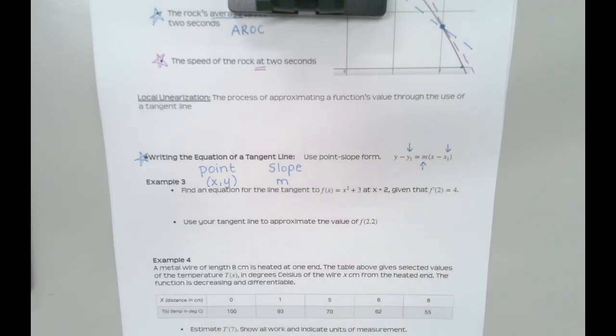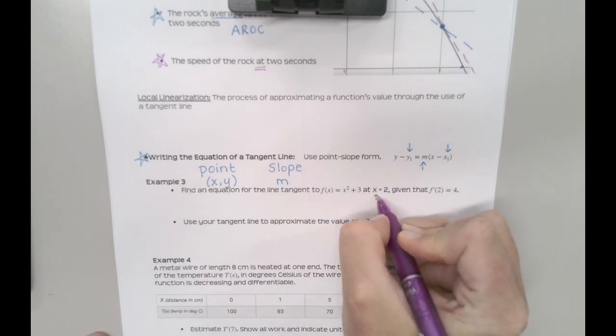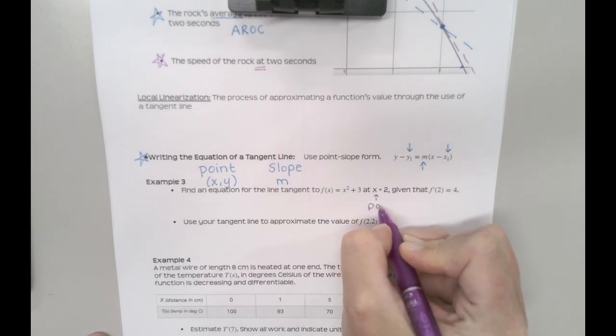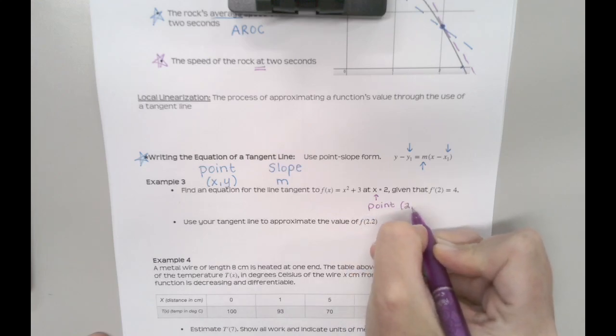So for today, this is going to be really easy because I'm going to hand you all of the information that we need. Find an equation for the line tangent to this graph, x squared plus 3, at x equals 2. So this right here is part of my point, right? My point will be 2 comma something.